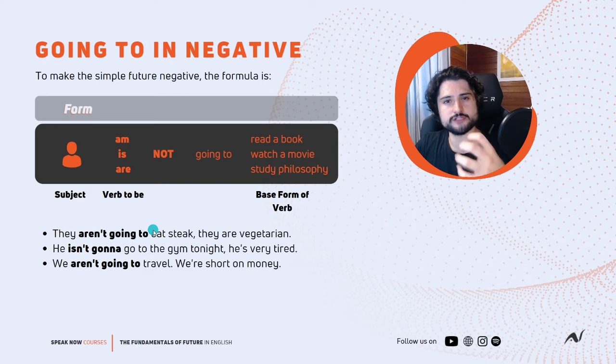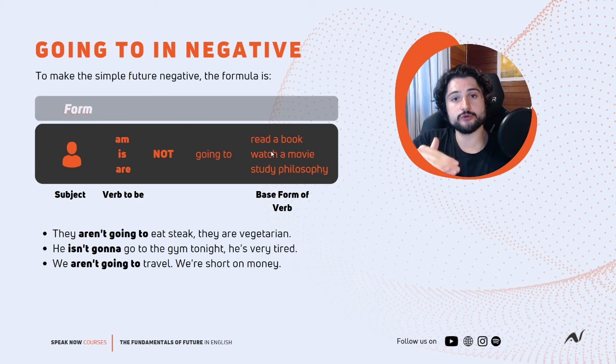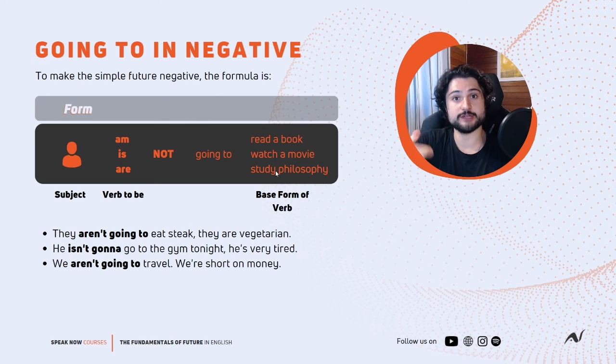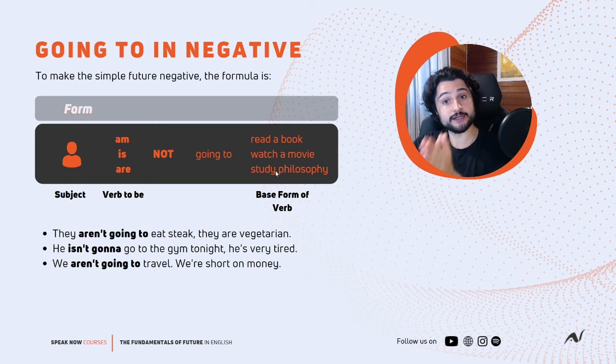And if you want to solidify this even more, my suggestion is to do a similar exercise to what we did previously with watch a movie, but this time create a sentence of going to in negative with all the subjects, but for read a book and then for study philosophy, okay? In order to really practice this, because practice makes perfect, okay? Always interact very actively with the material in order to learn effectively.